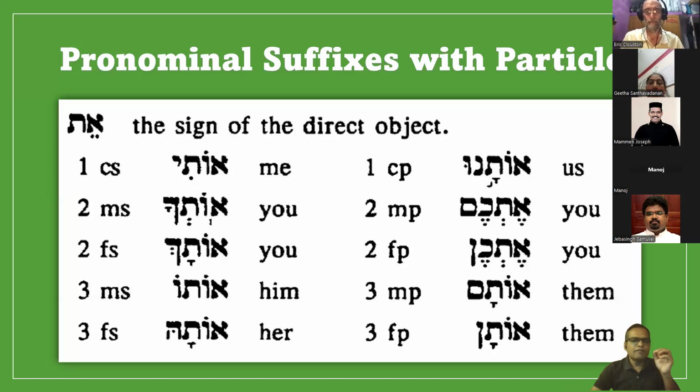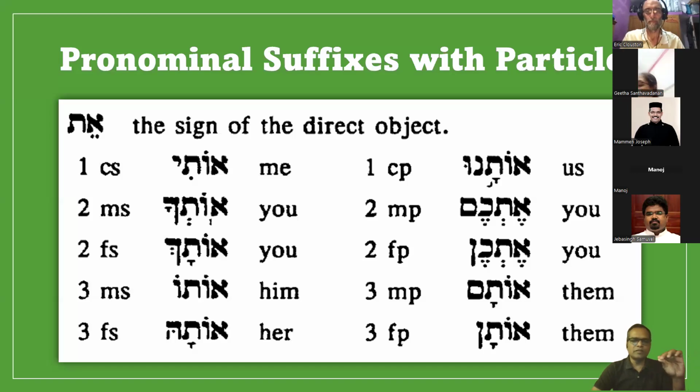Now, after the change of sere into holem, you can see that the pronominal suffixes are added. So it becomes oti, which means me. When it remains only as an object marker, it will be only the indicator. But when it receives the pronominal suffix, it becomes the object. That means it will be translated.